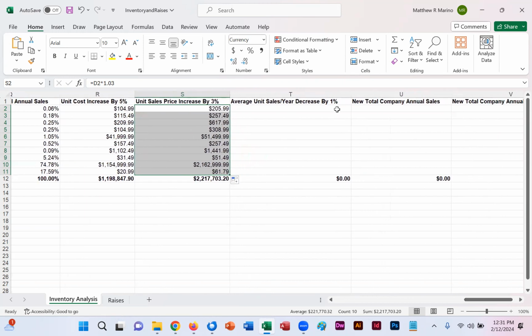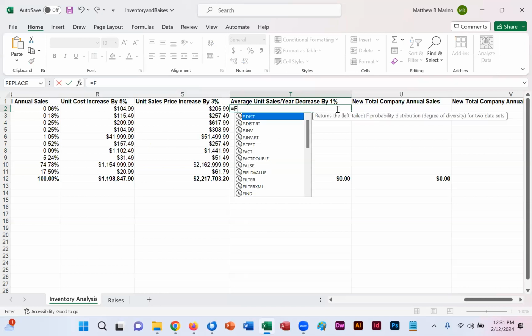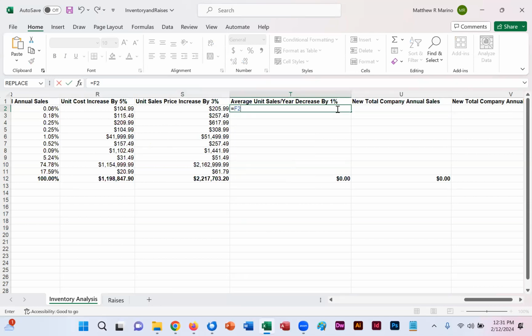Now the last one is a little harder because it asks us to decrease by 1% the average unit sales per year. So you can do this one of two ways. That information is in column F. So we do F2. And you could either do F2 minus F2 times 0.01, or you could simply do F2 times 0.99 to represent that decrease of 1%.